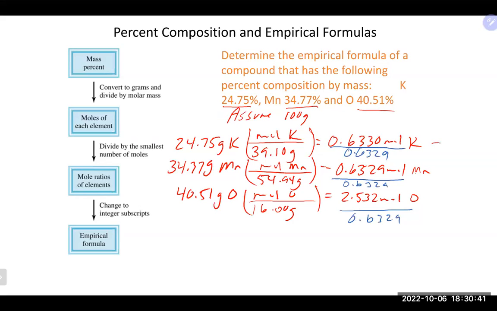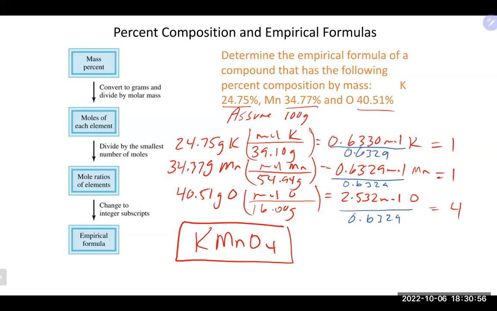So that gives us 1 for this guy, 1 for that guy, and about 4 for that guy. And at that point, we pretty much hit whole numbers. So that would be our empirical formula, KMnO4, a little potassium permanganate. Any questions on any of those steps?